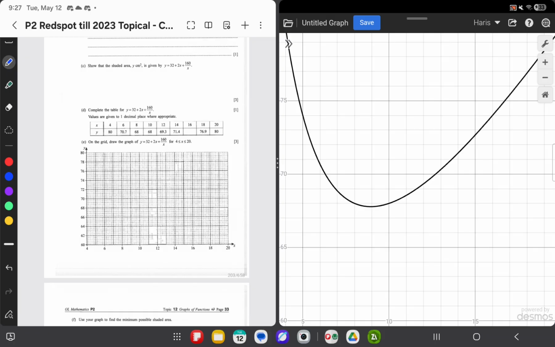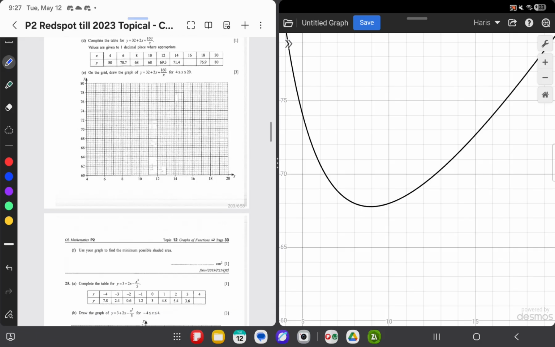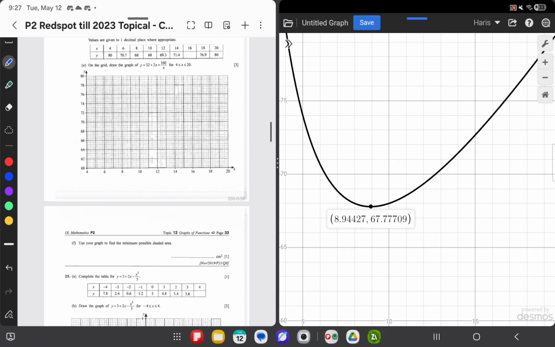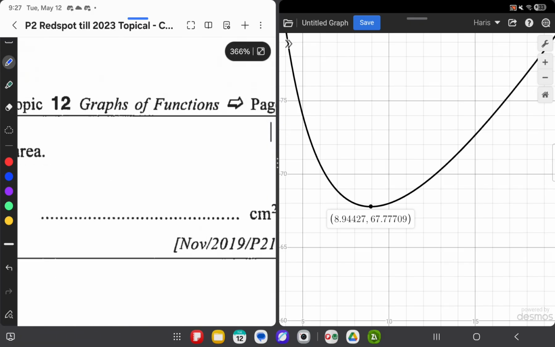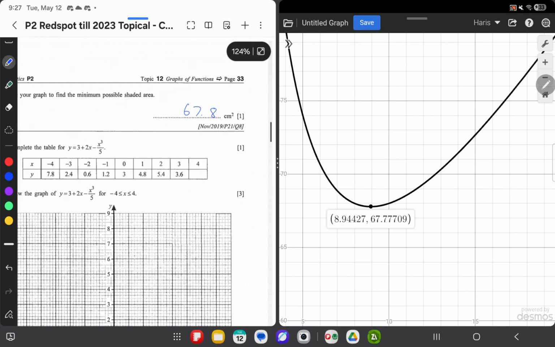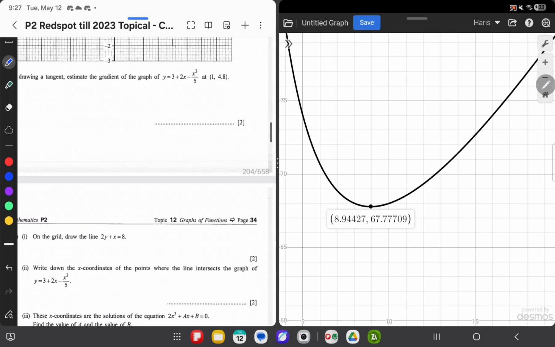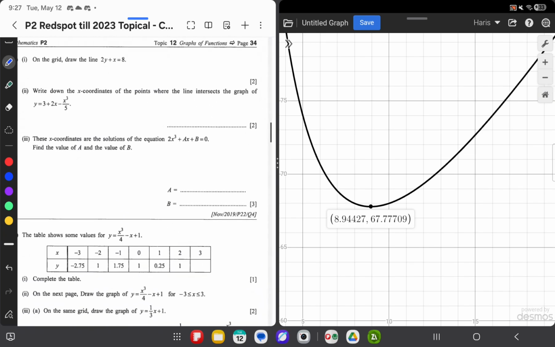The value of y is the area. Now it asks us to find the lowest area possible for some value of x. And so here the lowest value of y would be, as we said, approximately 67.7. You might do 67.8 or 68 itself, depending on how you draw it. Remember, depending on how you draw it.